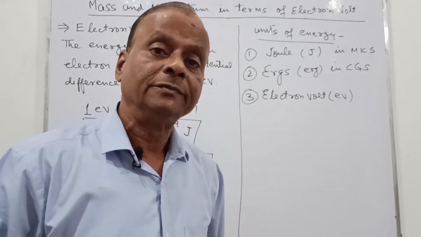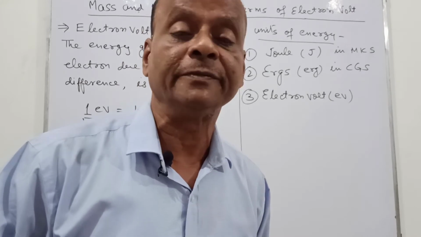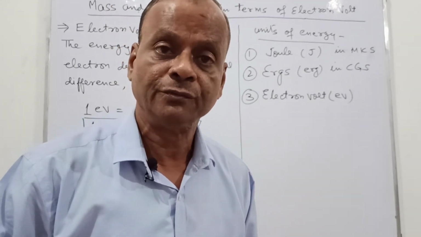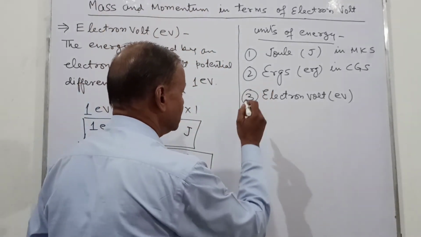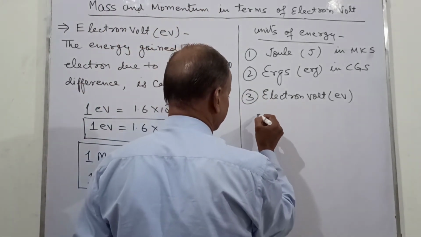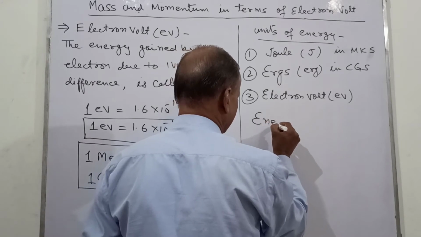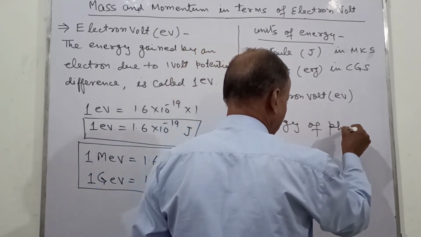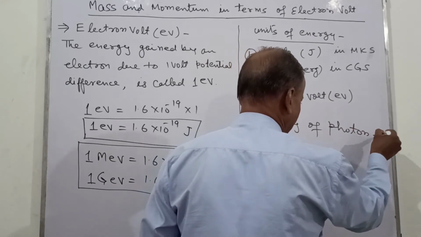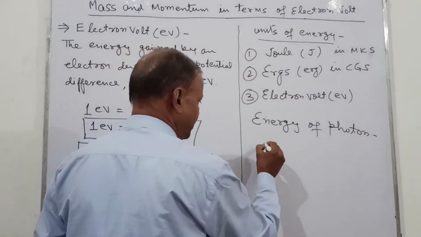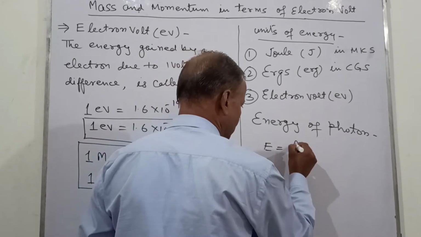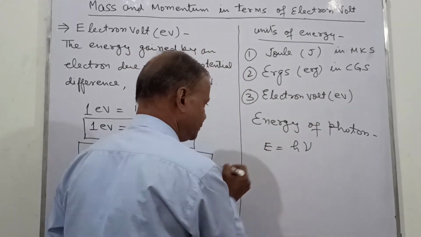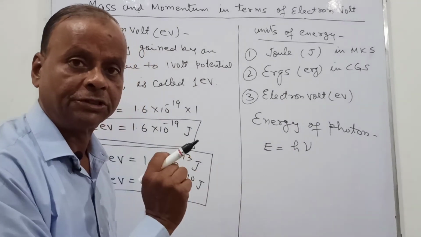And now we know that the energy of the photon is given by quantum physics in terms of h nu. Energy of photon: E equals h nu.